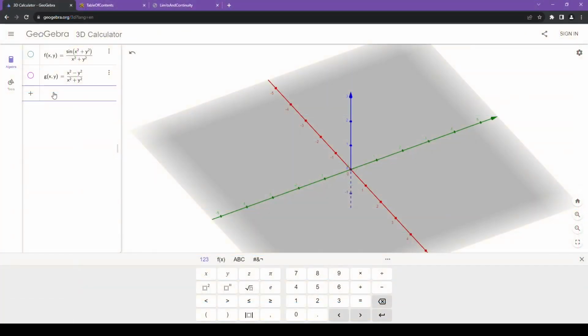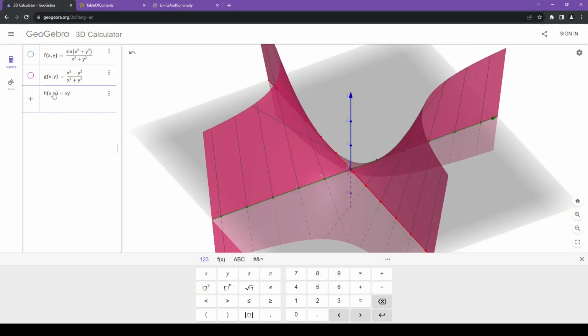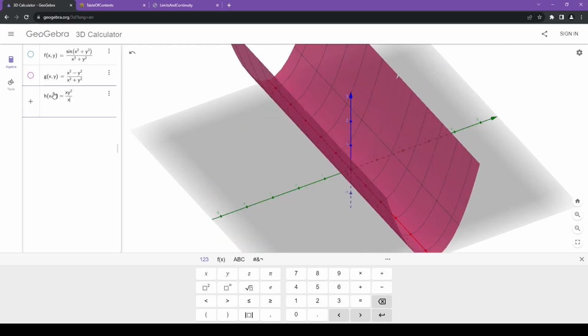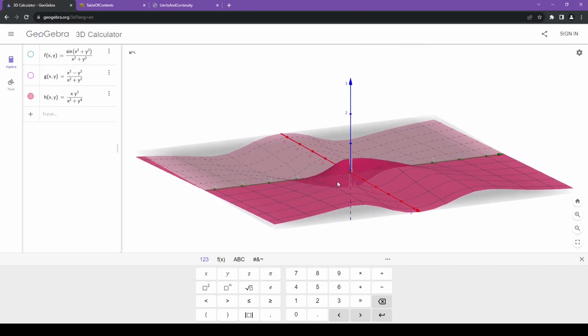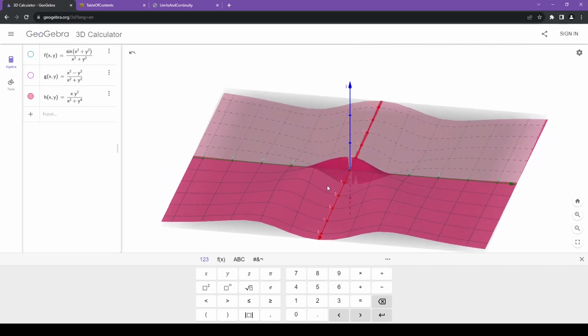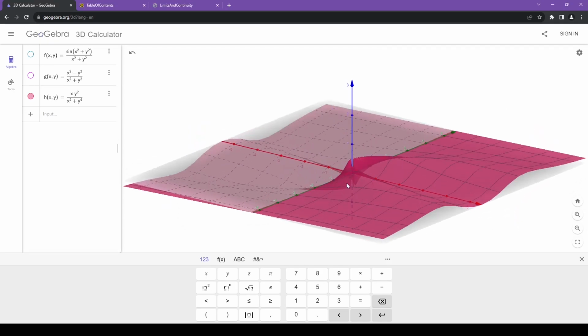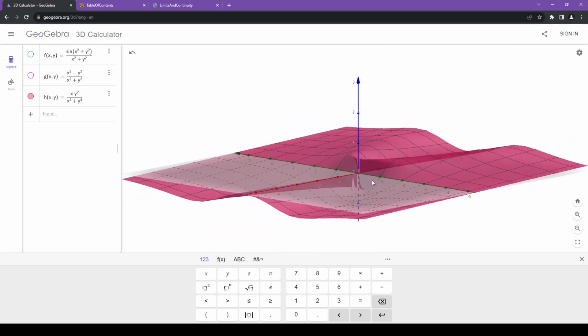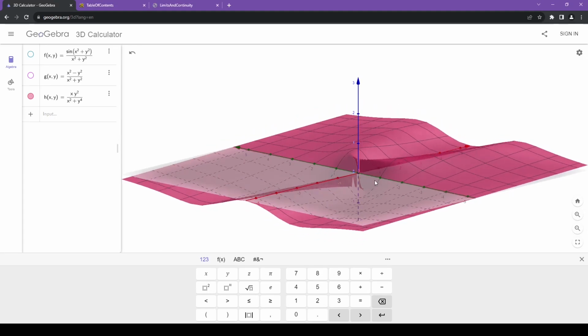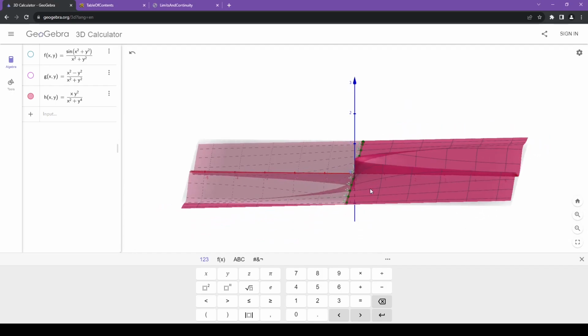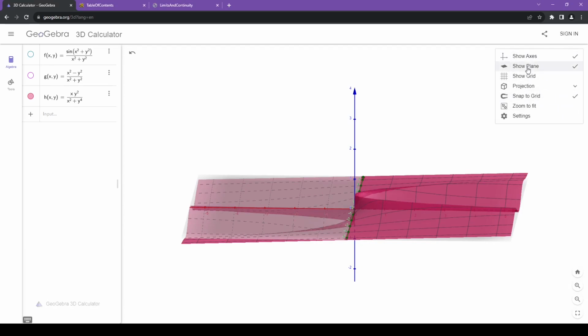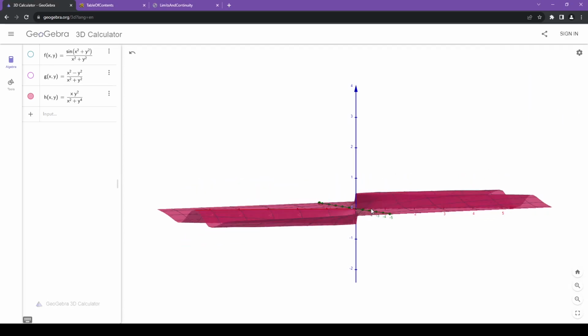Say, for instance, in this case, if we were to plot what we have, xy squared divided by x squared plus y to the fourth. And plotting it, we see that there's a huge problem at the origin. Let's see, that has that split sort of behavior in the middle. It'd be easier to see, I guess, if I turned off the XY plane.